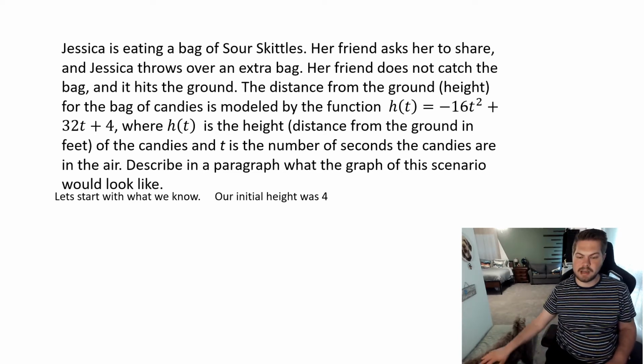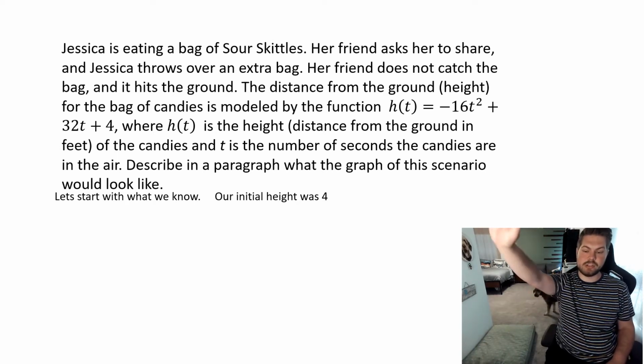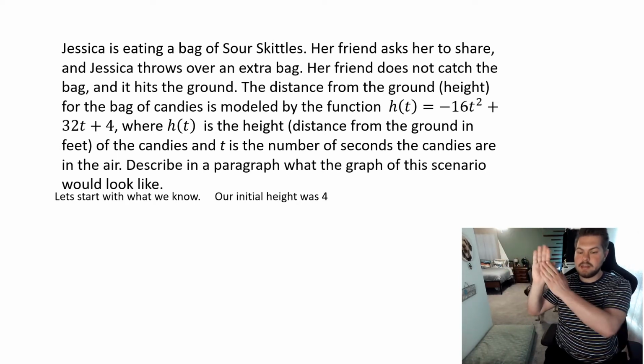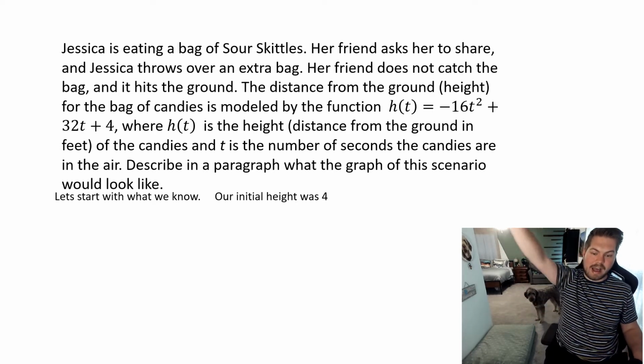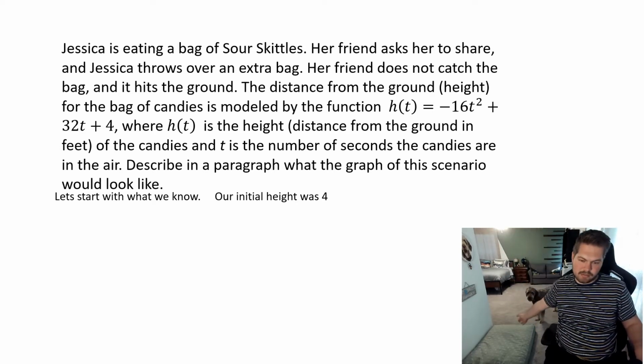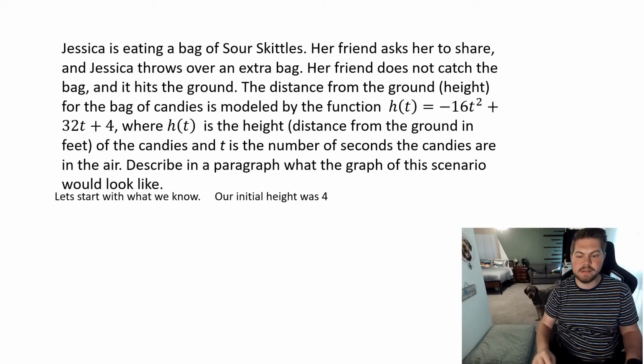So our initial height would be 4. I put the initial height was 4 because we're starting off with where she threw it from. Nothing in the negatives matters, because it didn't actually travel the way it did from the negatives. It started from her hand for when she threw it.